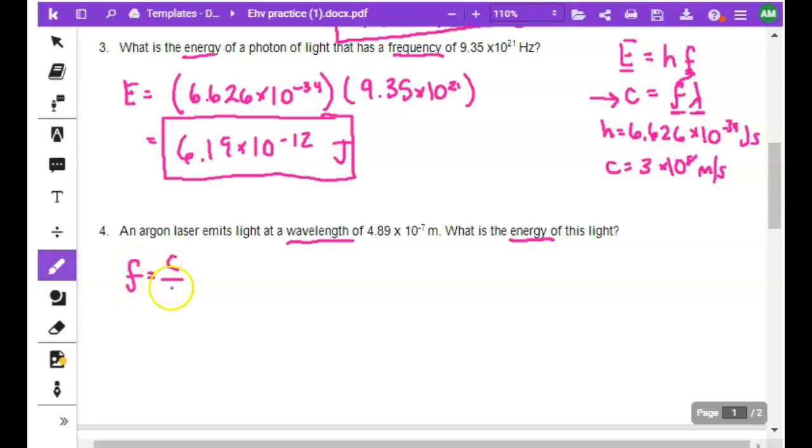Frequency is C divided by wavelength. We should know that from 4A. So it's 3 times 10 to the 8th divided by 4.89 times 10 to the negative 7th.